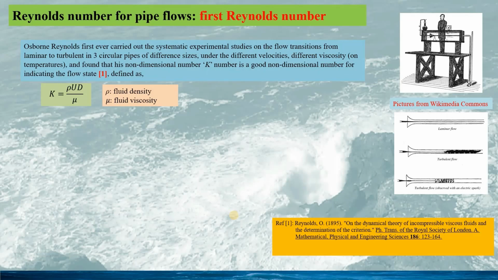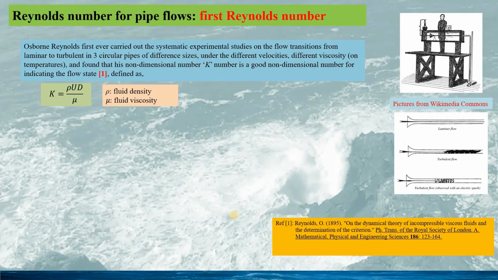Osborne Reynolds first carried out the systematic experimental study on the fluid transition from laminar to turbulent. He used 3 circular pipes of different sizes, and the experiments were under different velocities, different viscosities, using different temperatures.